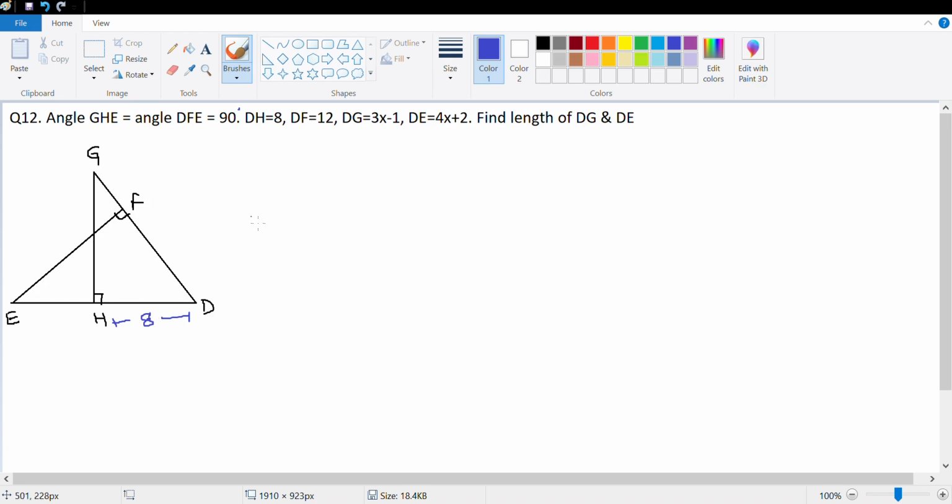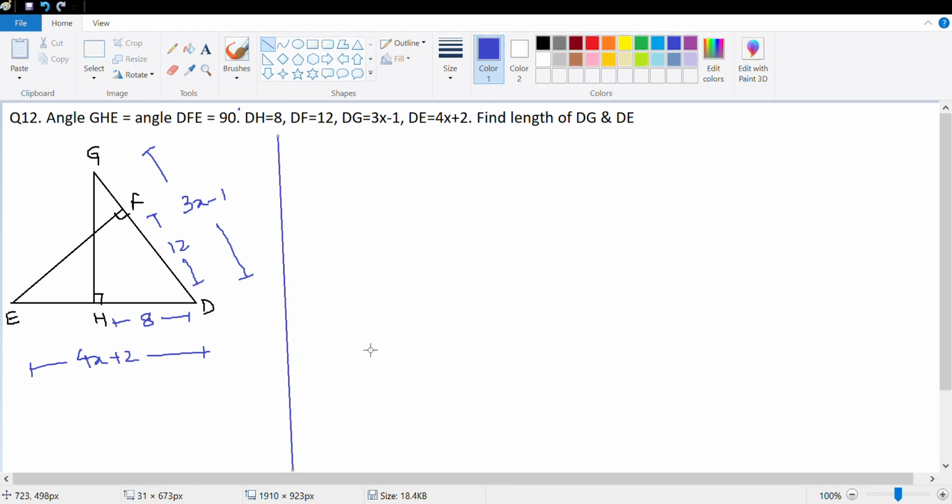Next, DF is 12. Next, DG is equal to 3x minus 1. So this big segment is 3x minus 1 and DE is 4x plus 2. So the big segment here is 4x plus 2. Done. We need to find the length of DG and DE.